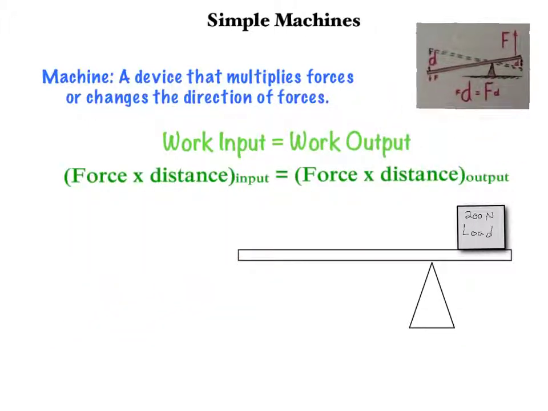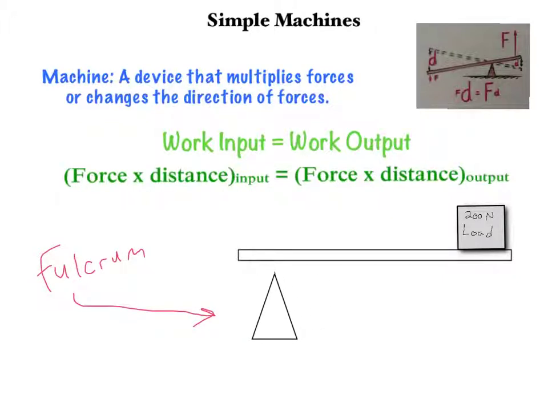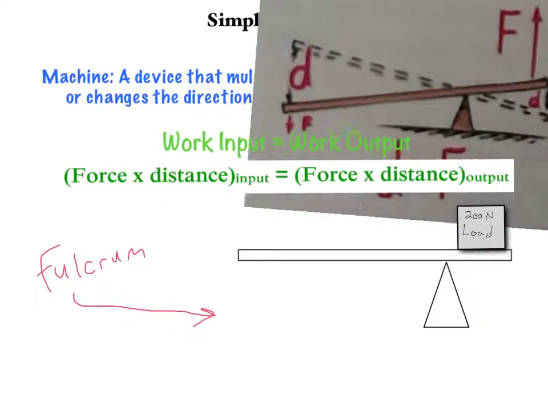Okay, so on a lever, the point of support about which a lever rotates is called the fulcrum. So this here is a fulcrum. When the fulcrum is relatively close to the load, then a small input force will produce a large output force, like what's pictured here.